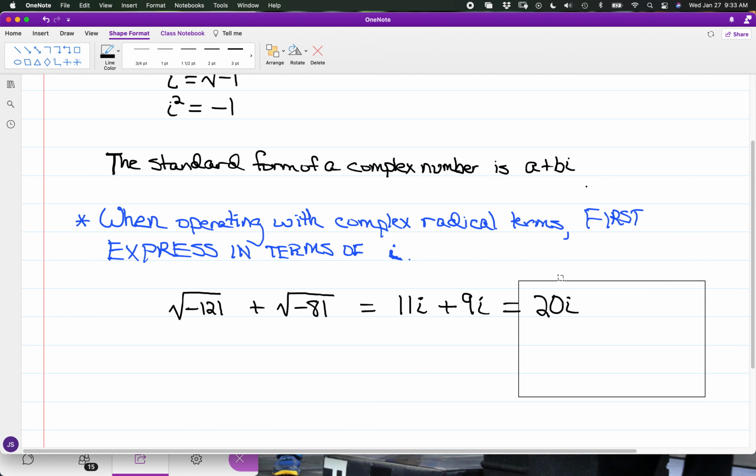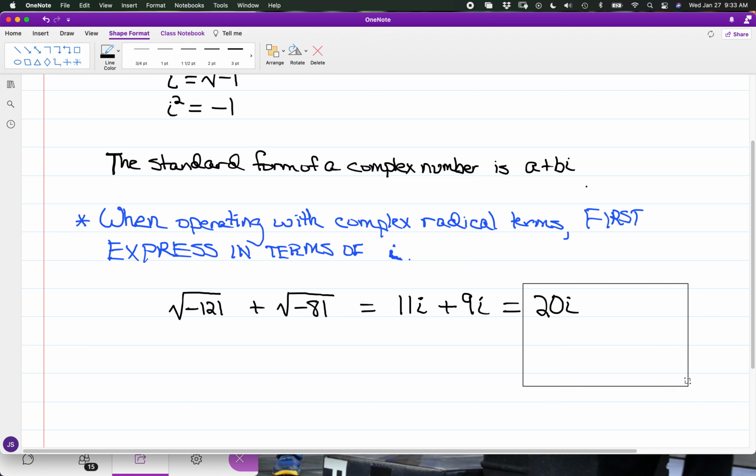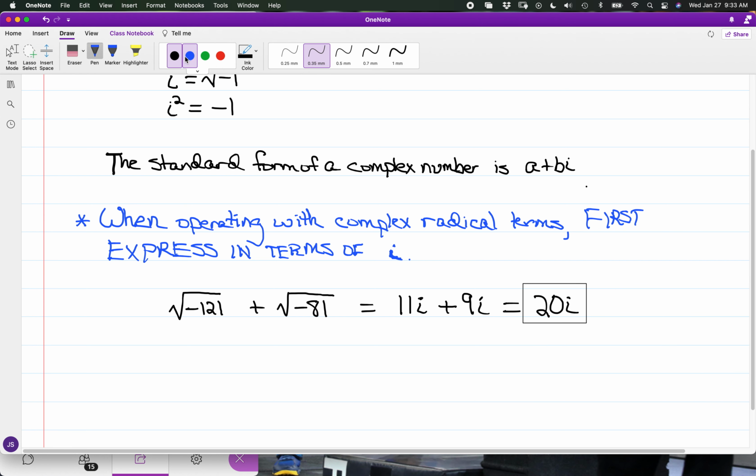Let's say we have a difference between radical terms, and I'm going to give a somewhat different display. Let's say we had the square root of -48 minus the square root of -300.